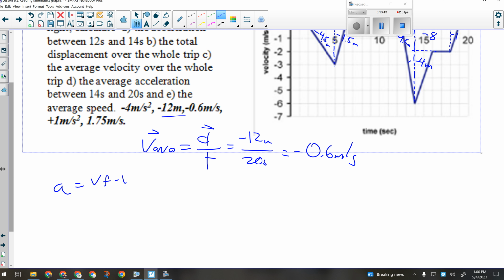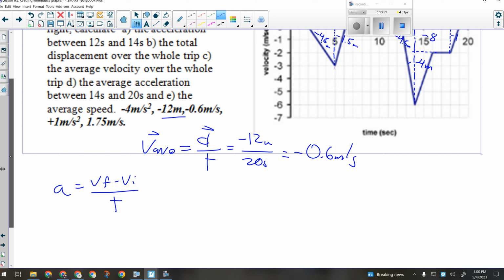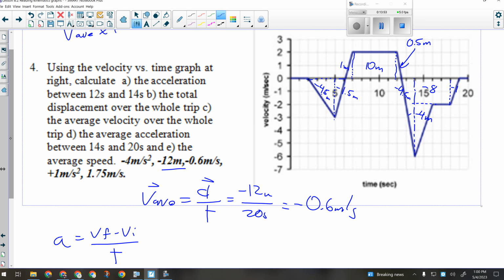Then the last part wants the acceleration between 14 and 20 seconds. Remember that this is our acceleration formula. A equals VF minus VI over T. So if I'm looking between 14 and 20 seconds, at time 20 seconds, my velocity is what? 0. And at time 14 seconds, it is -6.